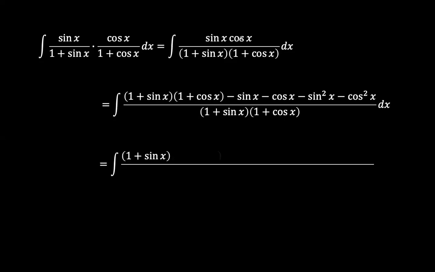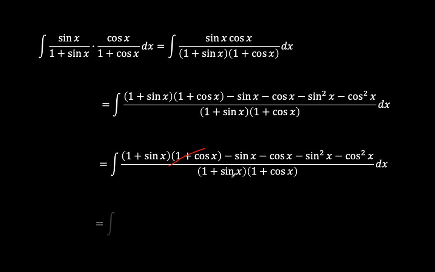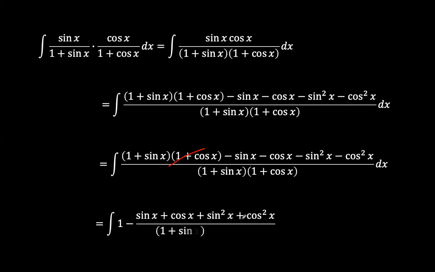So the first component here, obviously, will cancel with the denominator. Let's try to separate things around. So that will cancel, so we have a 1 there, minus sine x plus cosine x plus sine squared x plus cosine squared x over 1 plus sine x times 1 plus cosine x.